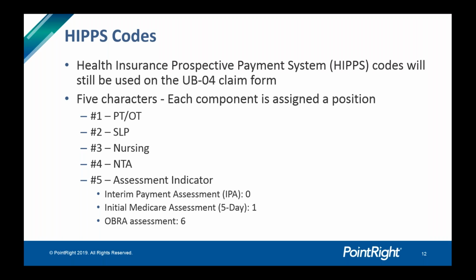And if it's an OBRA assessment, so basically anything else, that will be coded a 6. So a discharge, a significant change assessment, anything else would end up coded as a 6. Then going back to the first 4 characters, spot 1 is the PT/OT component, spot 2 is the speech language pathology, spot 3 is nursing, and spot 4 is the non-therapy ancillary.